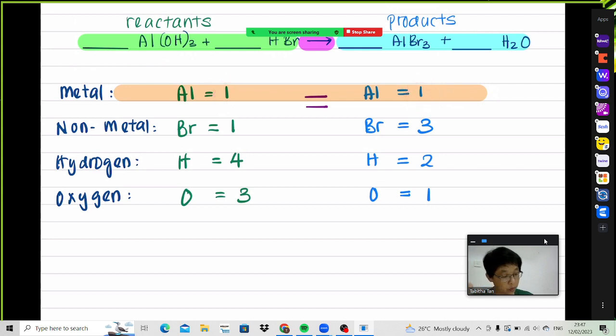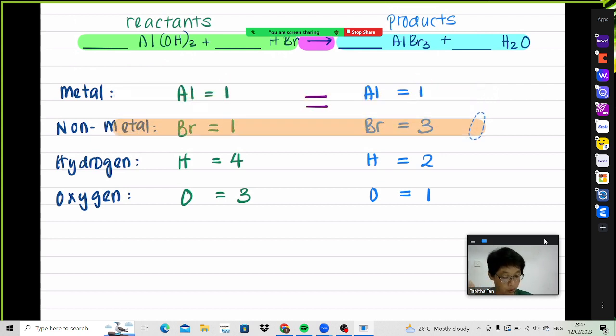Okay, so what do we do? Yes, move down. Now we're going to look at bromine. On the reactant, we have 1 bromine, and on the product you got 3. This is where our job comes in. We need to balance that. So in order to make this 1 become 3, we will multiply by 3, correct?